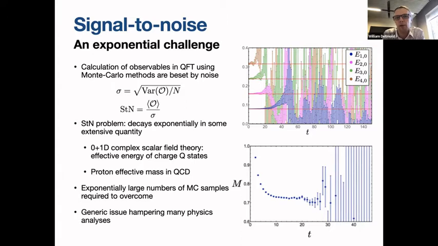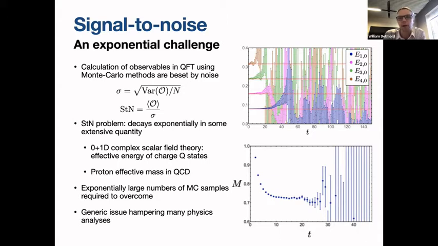And if I look at the ratio of the signal, so this expectation value of O divided by the square root of the variance, then that defines how well I can determine that quantity using Monte Carlo methods. And a signal to noise problem is really when that signal to noise ratio decays exponentially in some extensive quantity. For example, the time defining some correlation function.